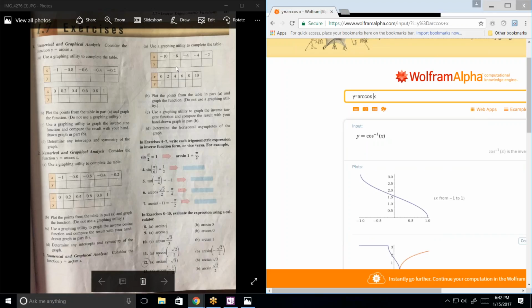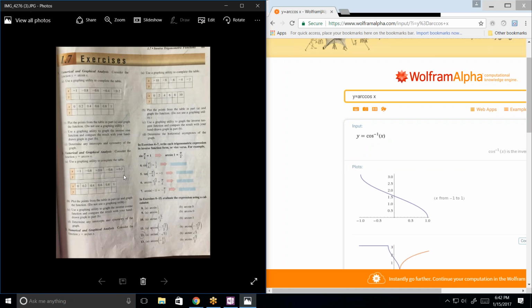It doesn't have to be your calculator. You could go to Wolfram Alpha and do it on your own, exactly what I've done. You should probably have Wolfram Alpha on your computer just so that when you forget your calculator, you'll have something that we can look at.